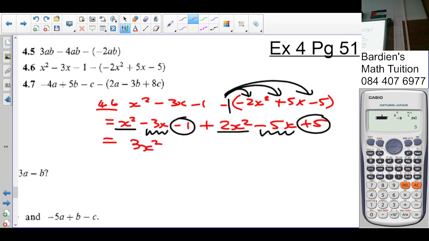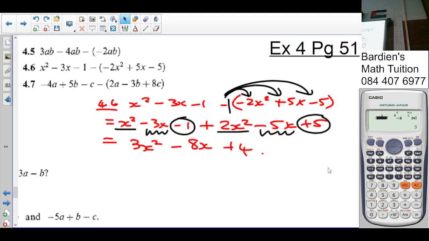Negative 3x minus 5x. Negative 3 minus 5 is negative 8. You must use your number line. I'm telling you over and over. Negative 1 plus 5 is positive 4. Can I add them? No. It's unlike terms.